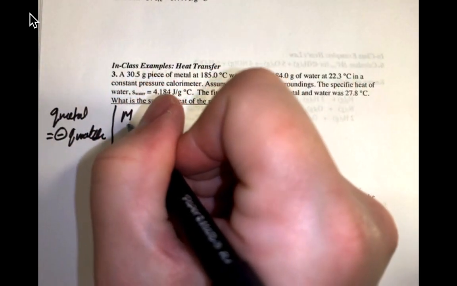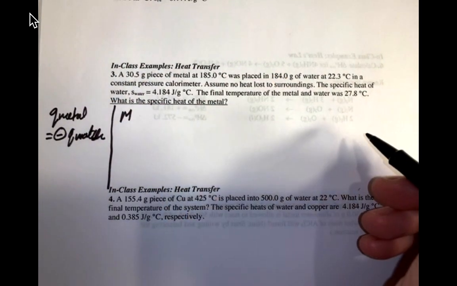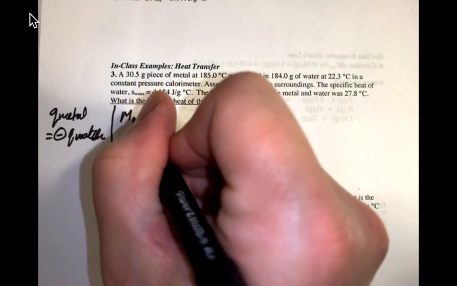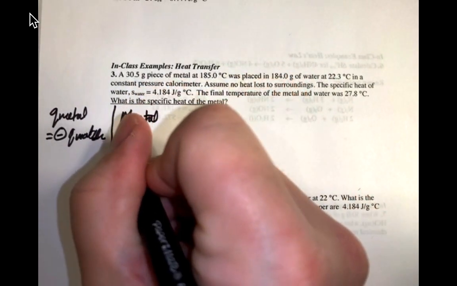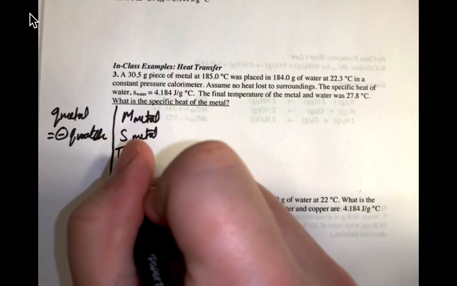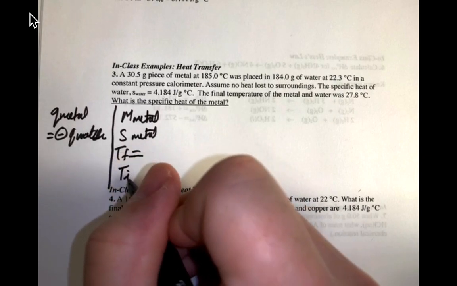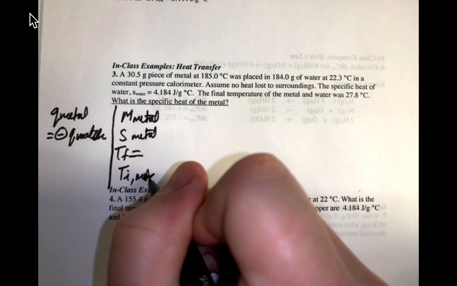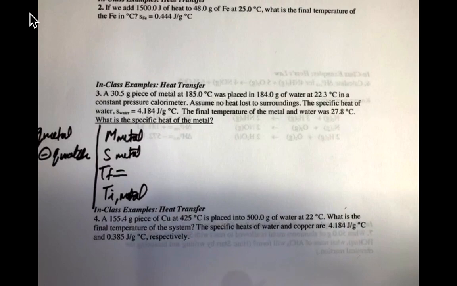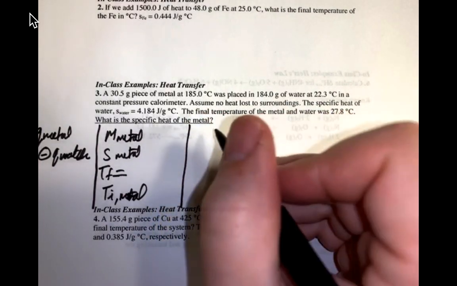And so what we have to do is come up with the Q for each and then set them equal to each other. So the mass of the metal, the specific heat of the metal, this is going to be our unknown, the final temperature, and then the initial temperature of the metal. Okay, and we'll go and find all those pieces.